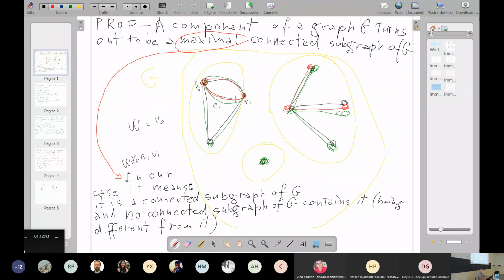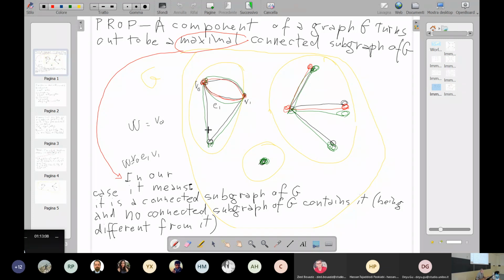But is there a connected subgraph of G which contains properly this red subgraph? Yes, there is this one given by this vertex and these 2 edges, but also this vertex and these 2 edges. So this red one is a connected subgraph, but is not a component.